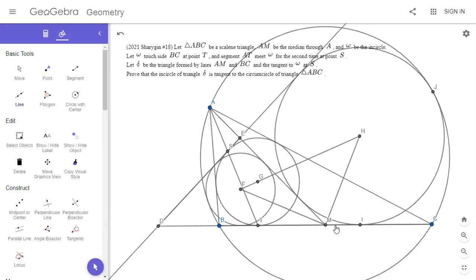Now why? I would think, let's see. Yeah, so these points all lie on the angle bisector of D. So S is the reflection of T over FH.